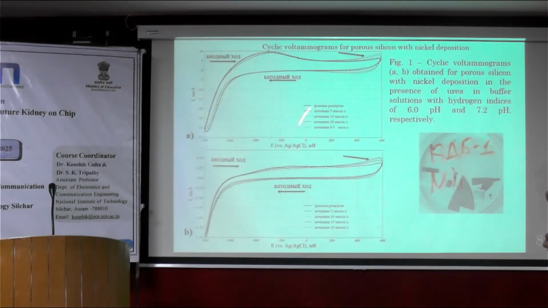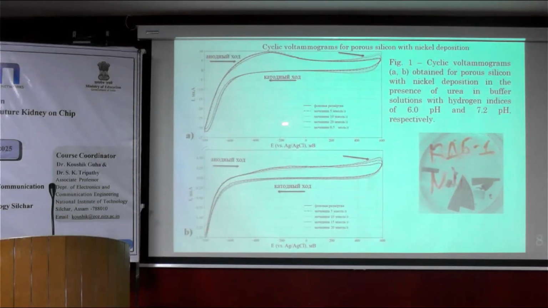I apologize for this Russian language here, but basically this is the basic solution, a phosphate buffer that imitates the blood in terms of pH and ion composition.